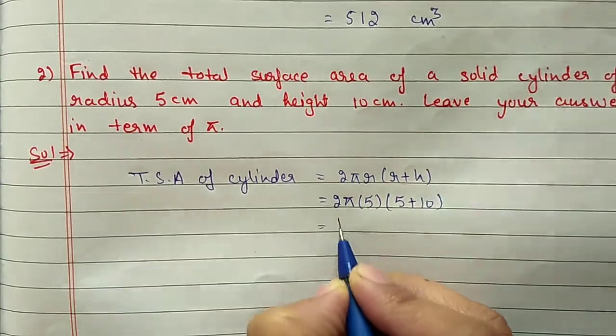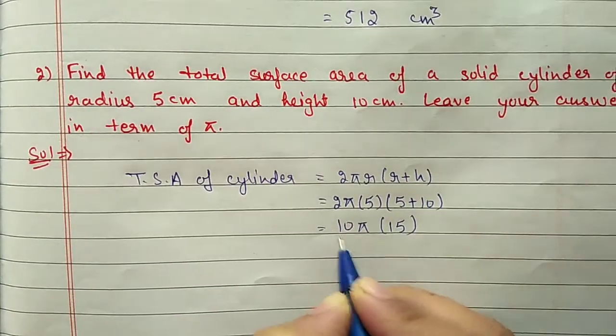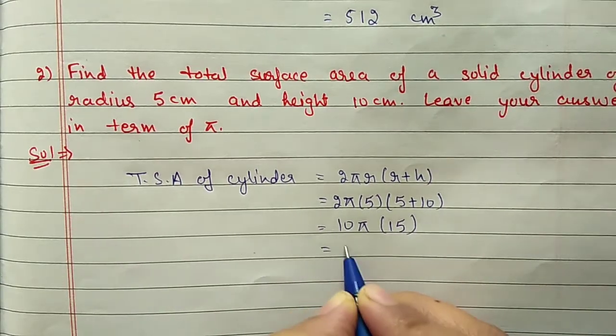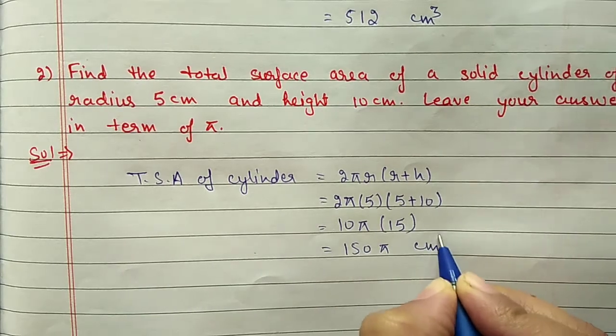So 2 into 5 will become 10 pi, and here 5 plus 10 will become 15, and 10 into 15, 150 pi centimeter square.